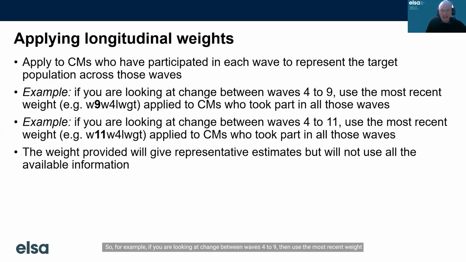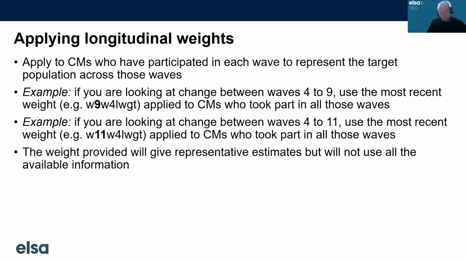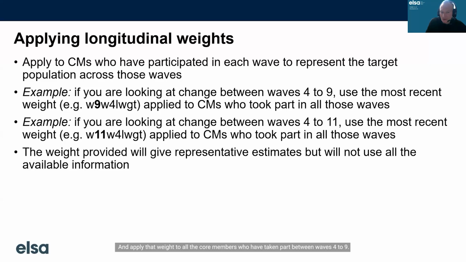If you are looking at change between waves 4 to 9, then use the most recent weight, which would be archived with the wave 9 data, and apply that weight to all the core members who have taken part between waves 4 to 9. If you are looking at change between waves 4 to 11, again use the most recent weight applied to the core members who have taken part in each wave from wave 4 to wave 11.